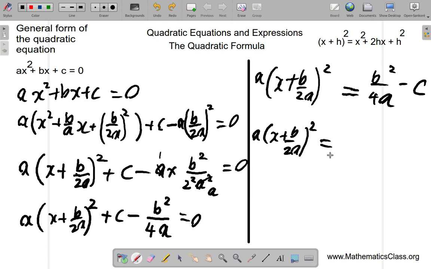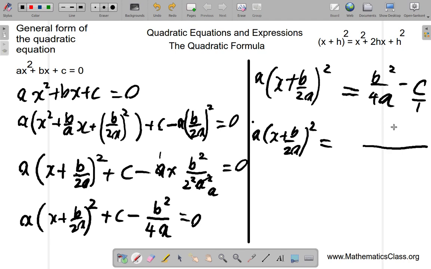Alright, now what we could do here, since it's a fraction, let's make the c over 1 as a fraction and work with that. Suppose we draw a line and find the LCM here. Let's find the LCM of 4a and 1.